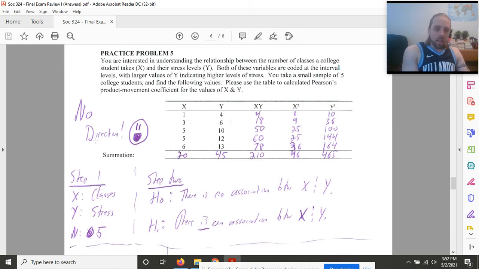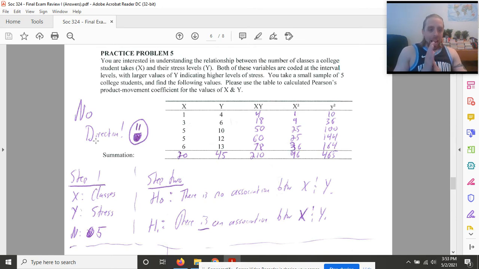So step one, X is my number of classes. Y is stress levels. I'm hypothesizing that as classes increase, something will happen to values of Y, to stress levels. This was a mistake that was very common on the homework. A lot of people wrote in something like assumed a positive relationship when you weren't actually asked to do such a thing.